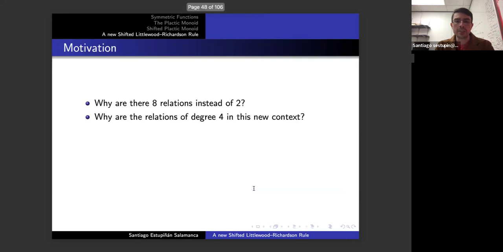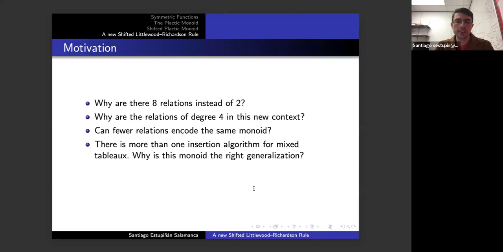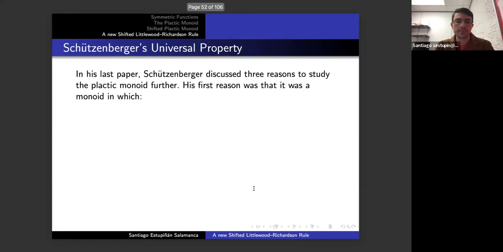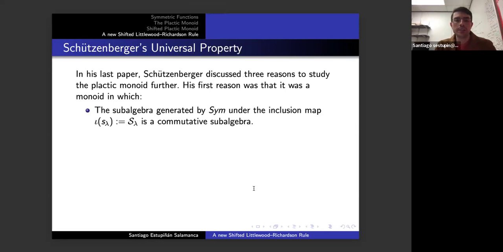But let's say I want to understand why this is the right monoid to consider in this setting. One way to justify this is by seeing that the plactic monoid satisfies a universal property. It is the smallest monoid such that the inclusion map of the symmetric functions is a ring homomorphism.